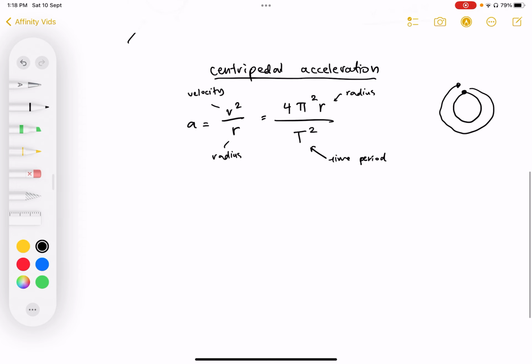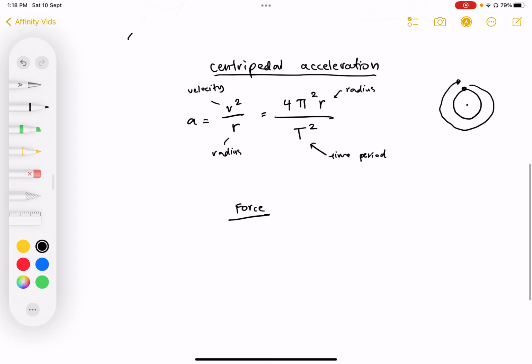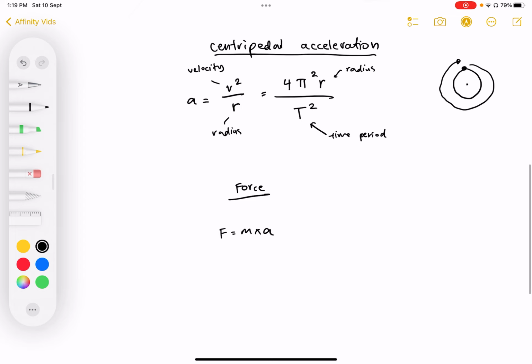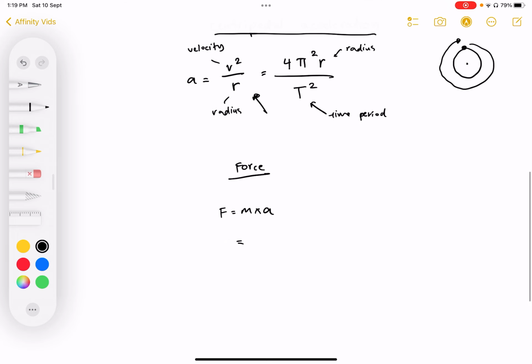Now we can talk about our force here. We've already defined that it's at the center, but we can also define it using equations because we know what our acceleration is. So we have force is equal to mass times acceleration. But we can also put that in this equation over here, and we can get mass times velocity squared over radius, which gives us mv squared over r.